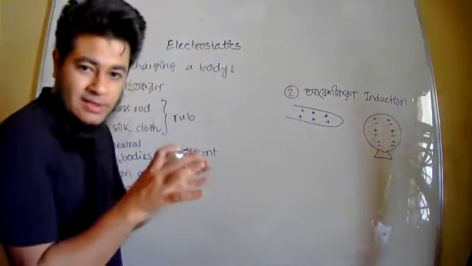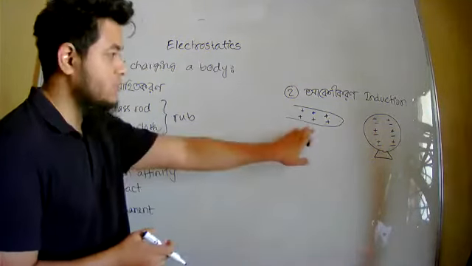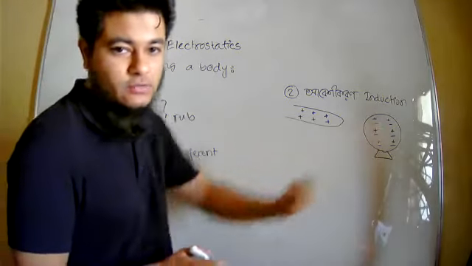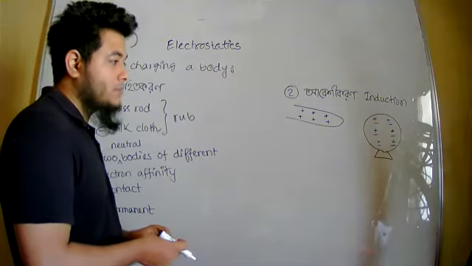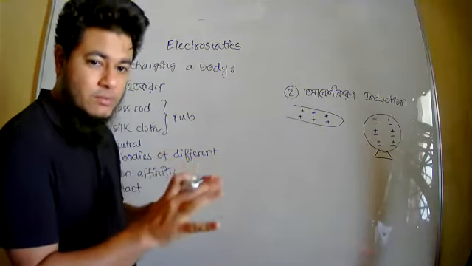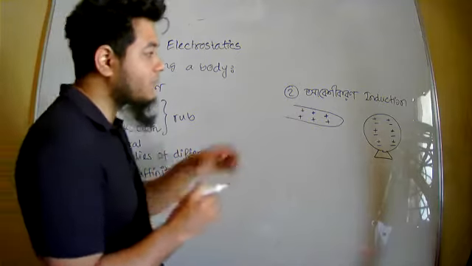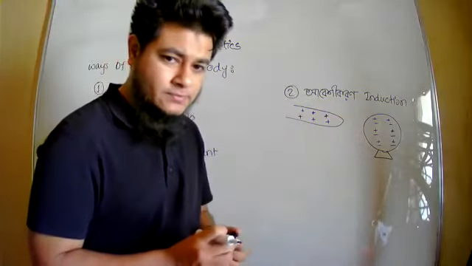The equal number of electrons and protons are there, so it is neutral. This is positively charged. Okay, but this is neutral, equal number of protons, equal number of electrons. Now these electrons and protons will be distributed all over the body, right? But when I bring this object closer to this one, then what will happen?